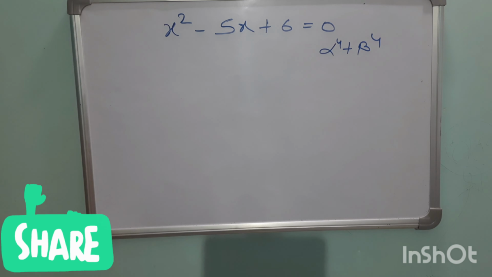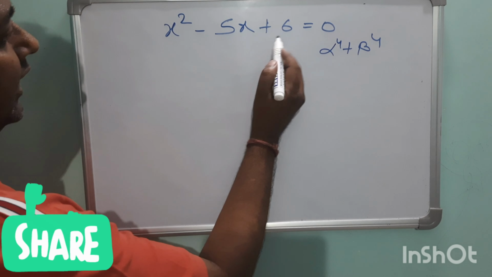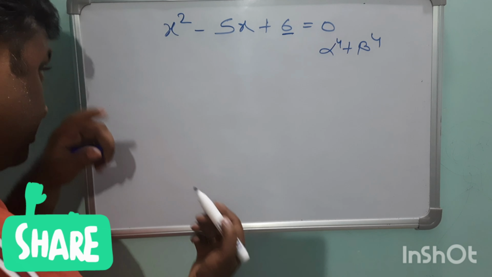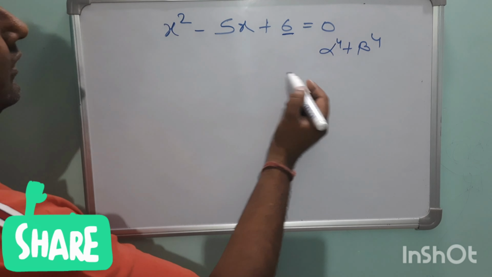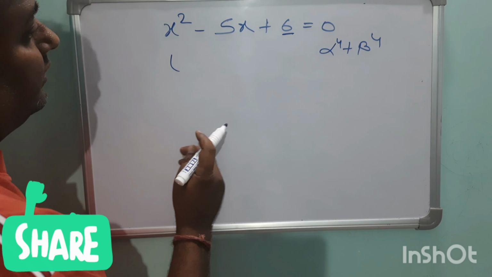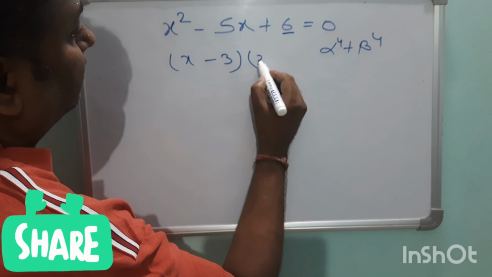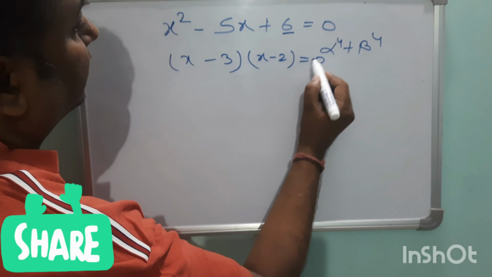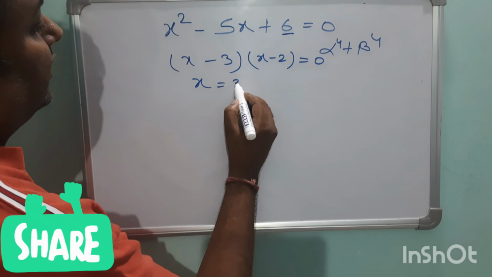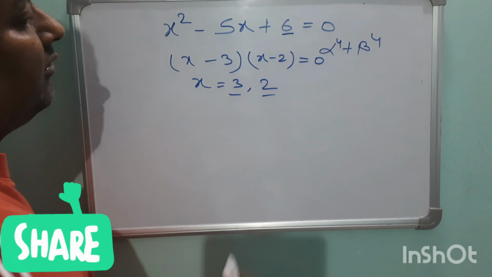We can solve this one in both ways. I can see that this is 6, I can split it very easily, right? So this becomes minus 3 into this equals 0. So x is 3, that is alpha, beta, you have found it.